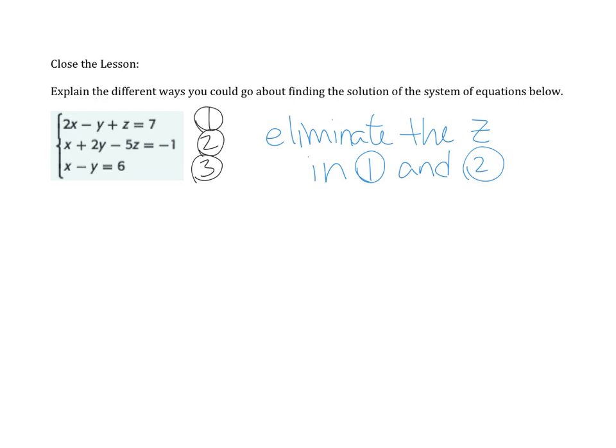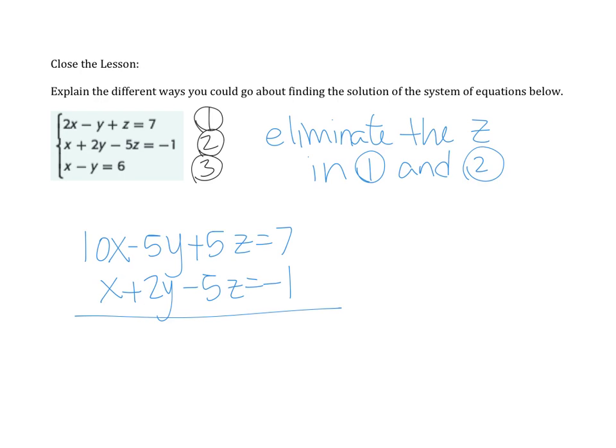In order to eliminate the z, I have to multiply equation 1 by 5. Having issues adding, issues multiplying up here.